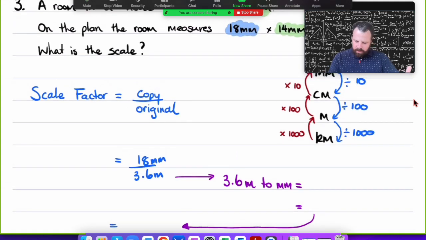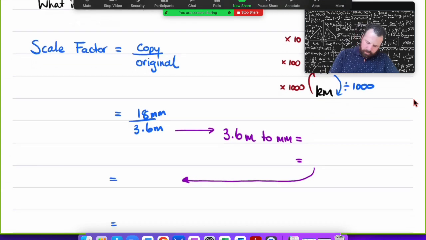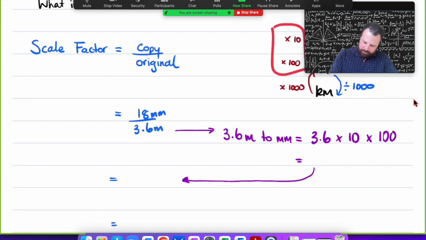So we want to go from meters all the way up to millimeters. So I need to do both of those. So we're going to do 3.6 times 10 times 100, which was both of these. And 3.6 times 10 times 100 is 3,600.